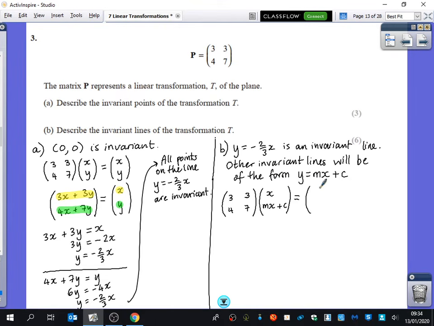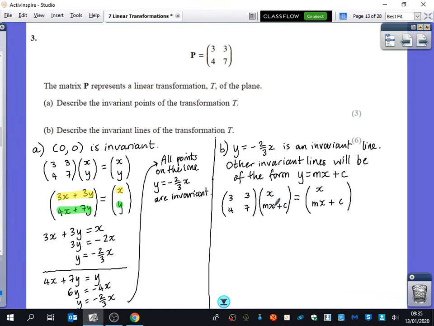Now, if I wrote down this, am I describing that scenario where the points could move to a different point on the line? I'm describing, again, an invariant point, giving you the exact same invariant point. So I need to make an adjustment. I cannot use the same letter here as I did over here.